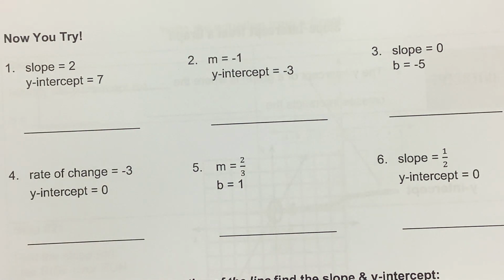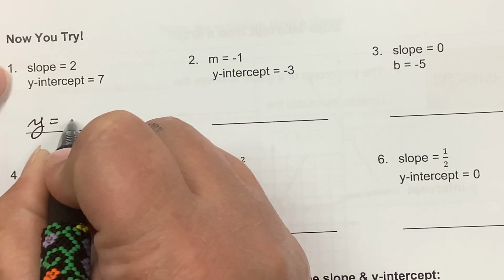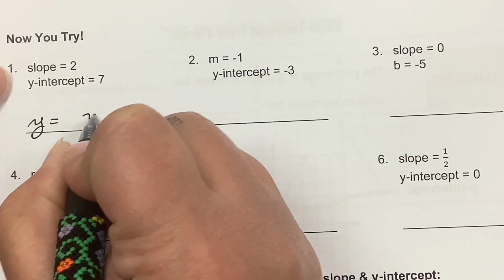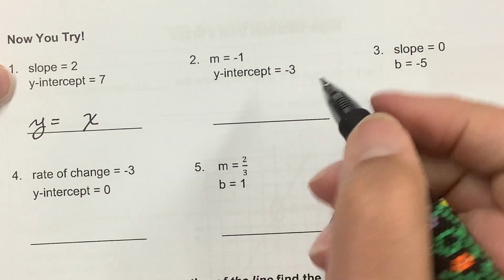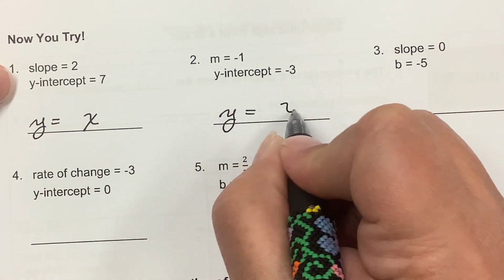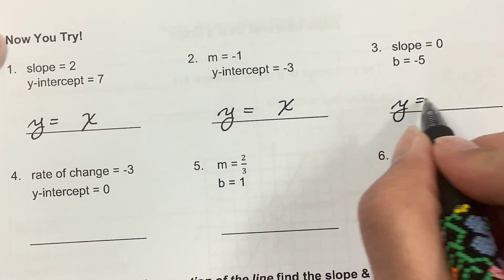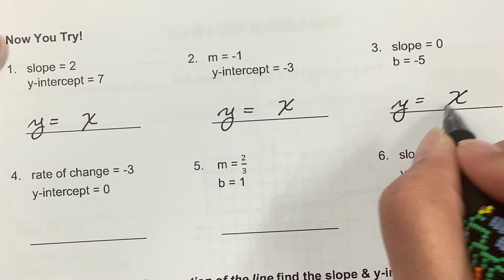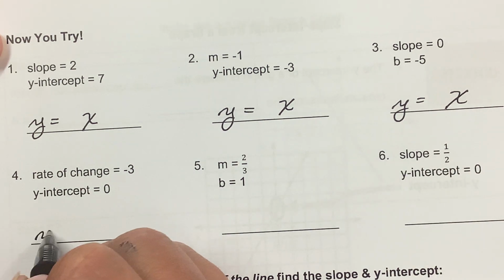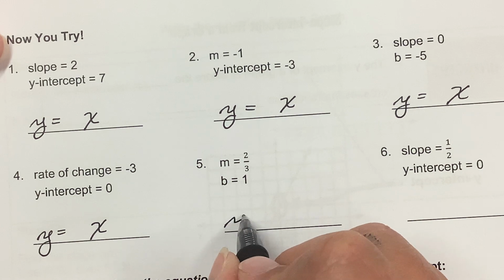They're all going to be y equals something x plus or minus b. They're all y equals something x plus b. And they're all going to have the x and the y and the equal sign.